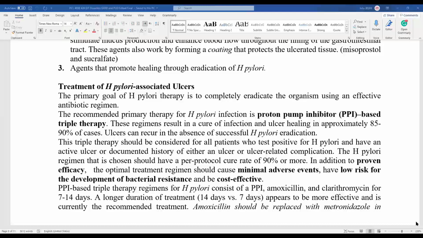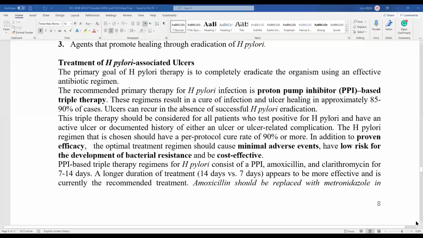Then also, when we're looking at the proton pump inhibitor, though the table you have in your notes has a specific proton pump inhibitor listed, it's been found that for any of the triple treatments, for instance, this one that has amoxicillin, clarithromycin and PPI, you can pick any of the PPIs, but of course the dose will be different because they have different doses.